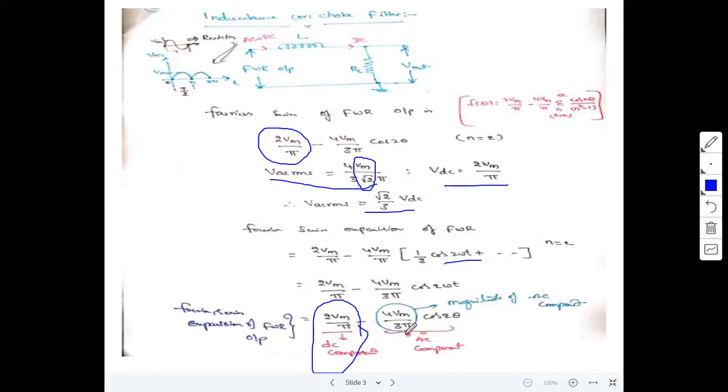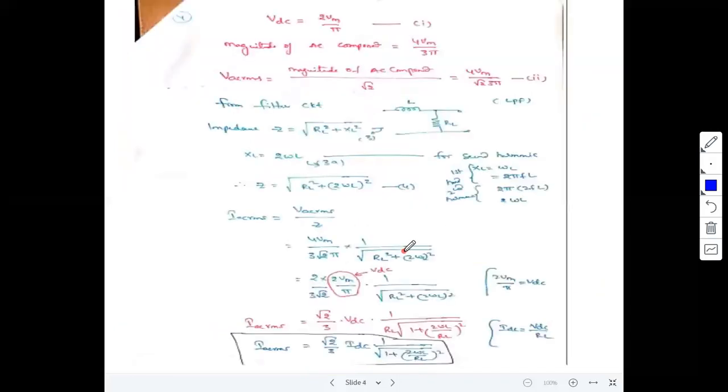In the second term, the magnitude of the AC component is 4 Vm by 3 pi, and the whole term is the AC component. VAC RMS is equal to the magnitude of the AC component by root 2, that is 4 Vm by root 2 into 3 pi.